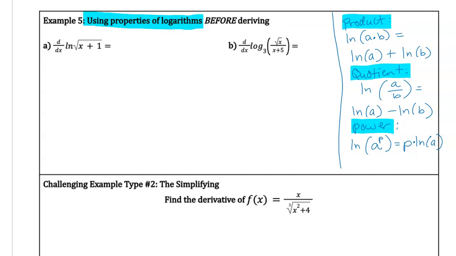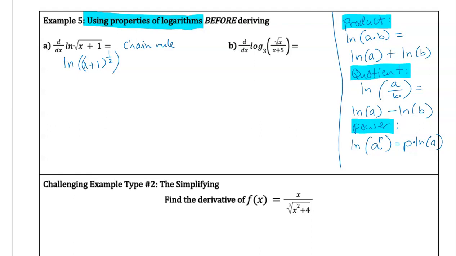So for this one here, I will have to use the chain rule, but the chain rule will be significantly less complicated if I recognize that inside of my log, what I technically have is an exponent of 1/2. So yes, it's a square root, but a square root is also understood as an exponent of 1/2.